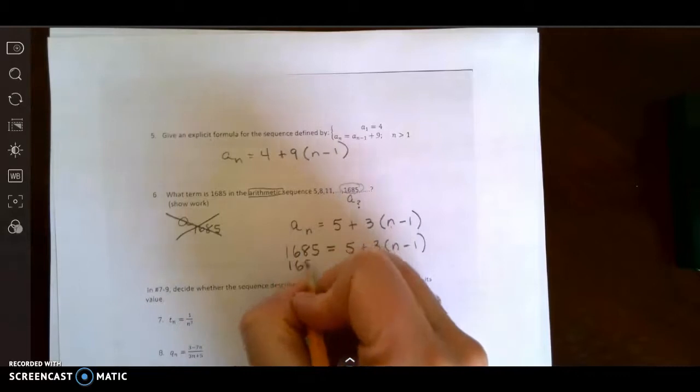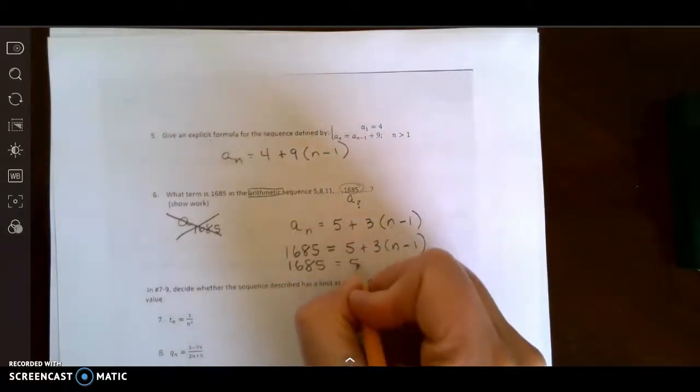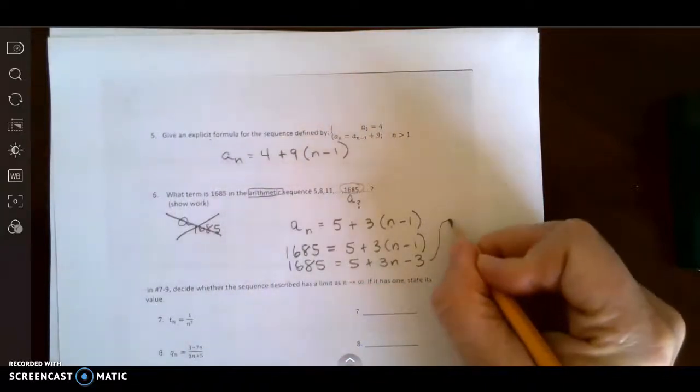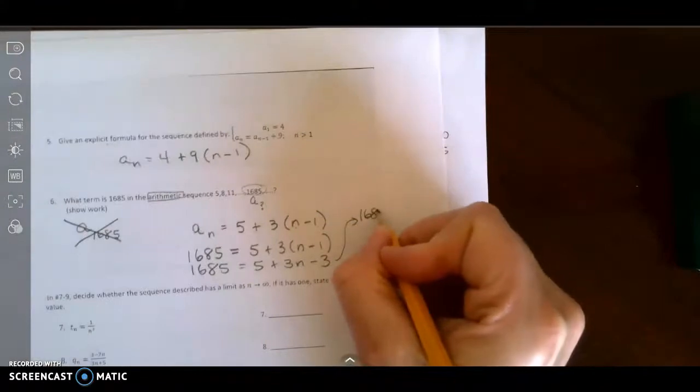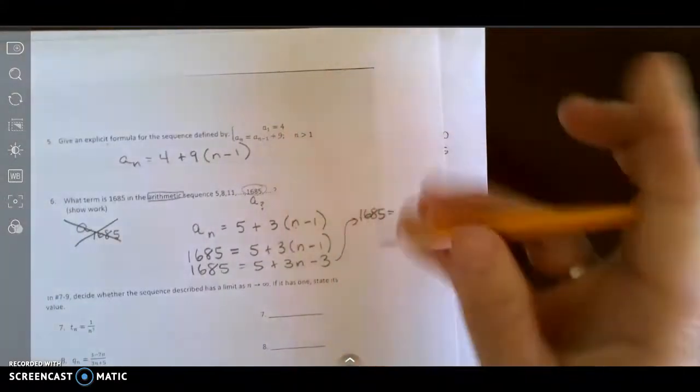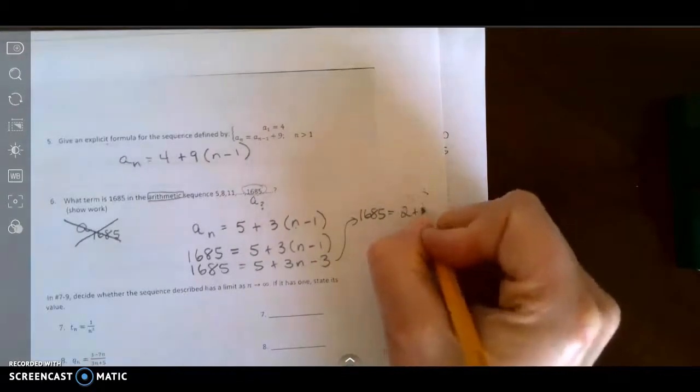So 1685 equals 5 plus 3n minus 3. 1685 equals, 5 minus 3 is 2, so 2 plus 3n.